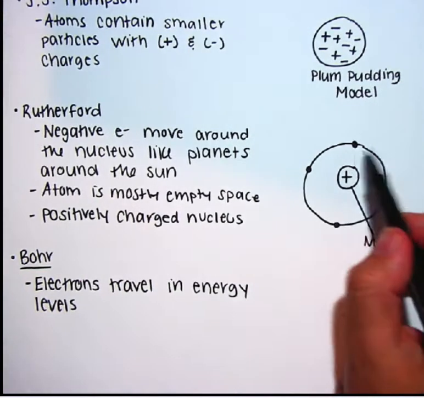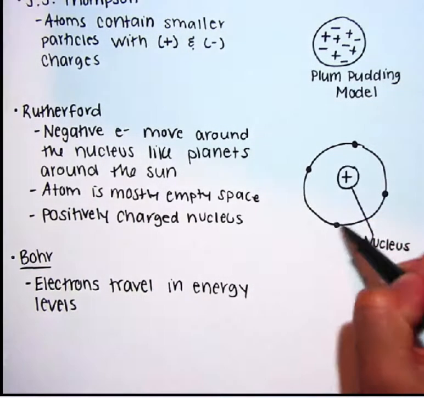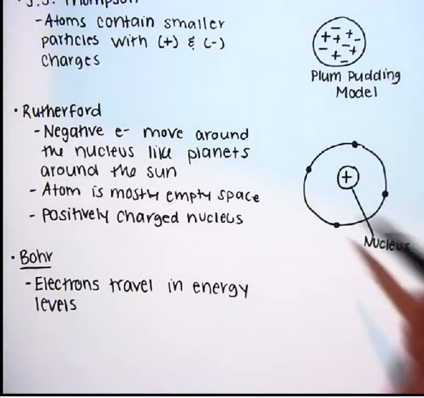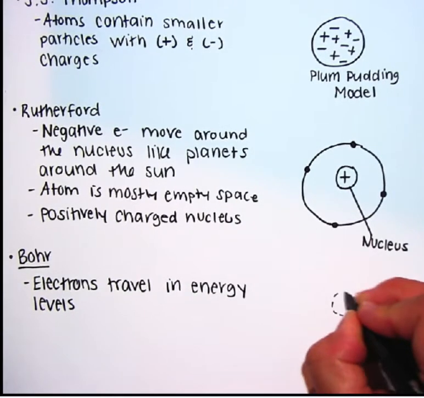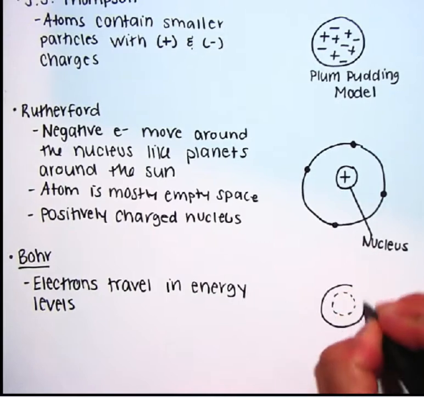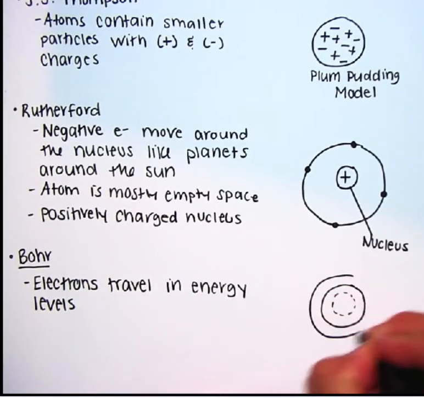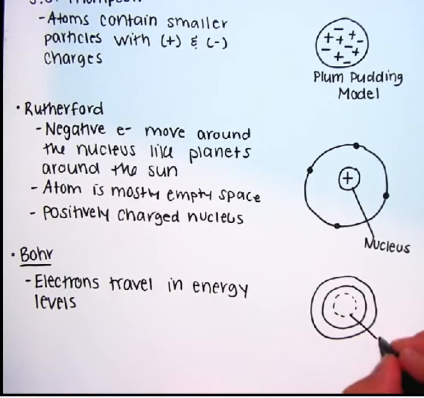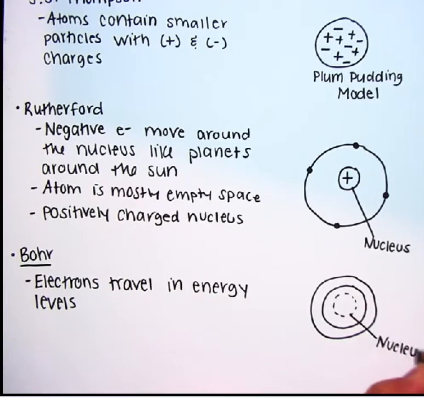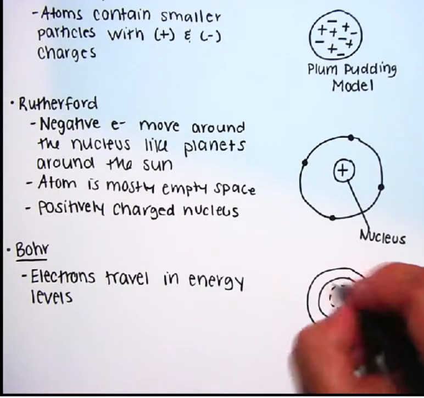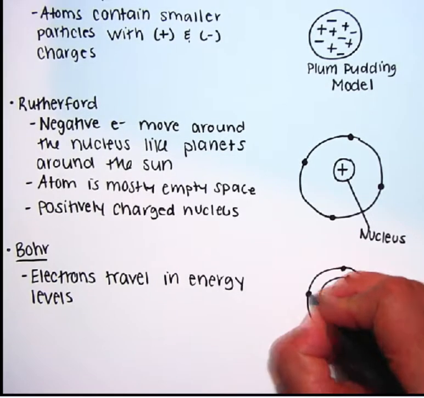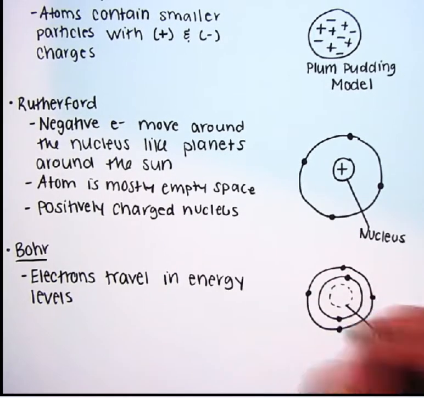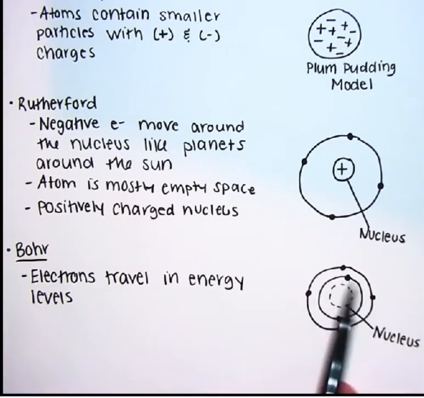So in the Rutherford model, we have all of the electrons orbiting around the nucleus like planets around the sun. So what Bohr figured out is there are actually different energy levels that the electrons can travel in. So we still have our nucleus in the middle, but now we have electrons in different energy levels. Bohr still thought that the electrons are moving like planets around the sun.